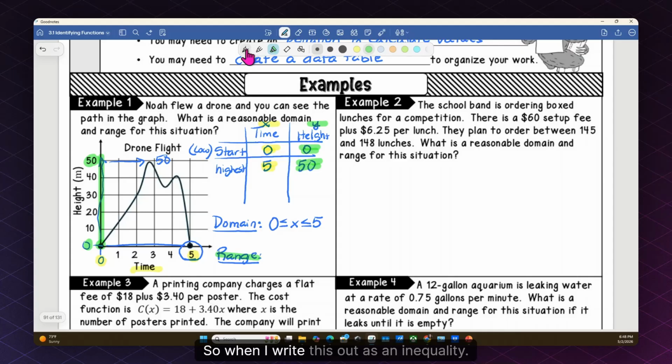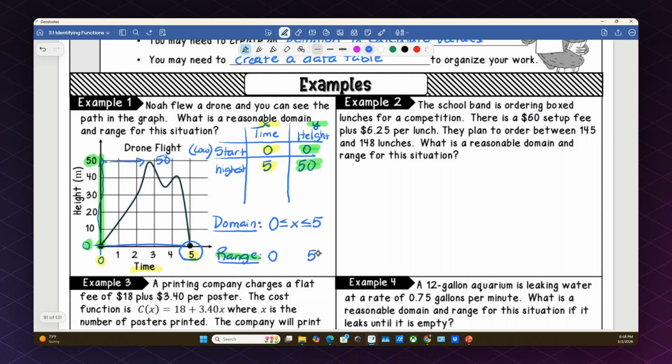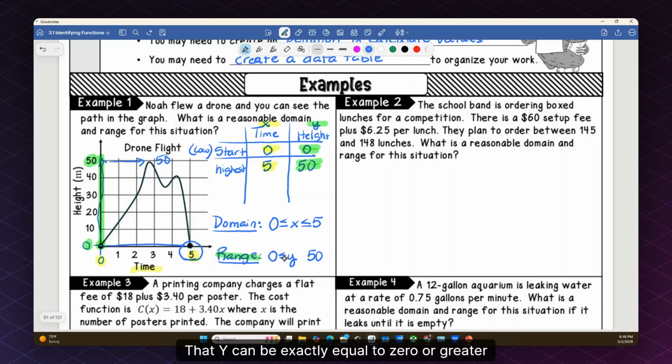So when I write this out as an inequality, I write my low value, that's 0. I write the high value. The range is dealing with the y, so I'm going to write my y in the middle. That y can be exactly equal to 0 or greater than it. And then it can be exactly equal to 50 or less than that.